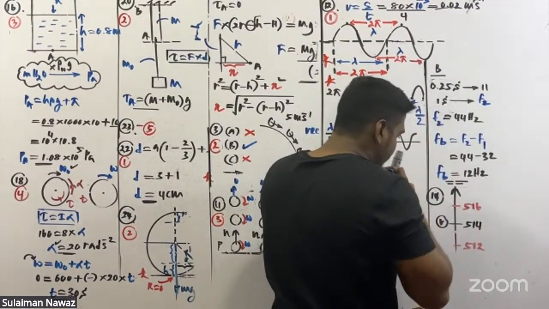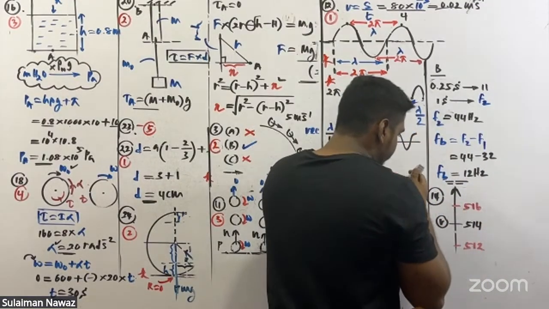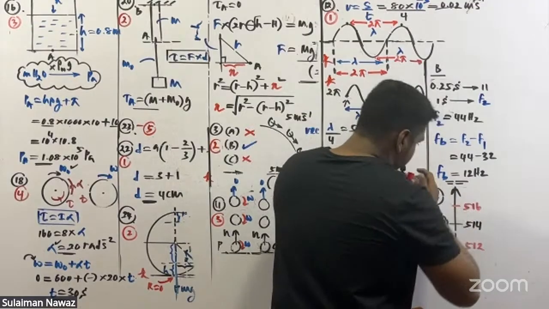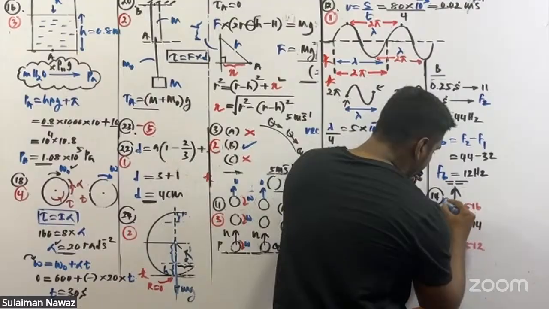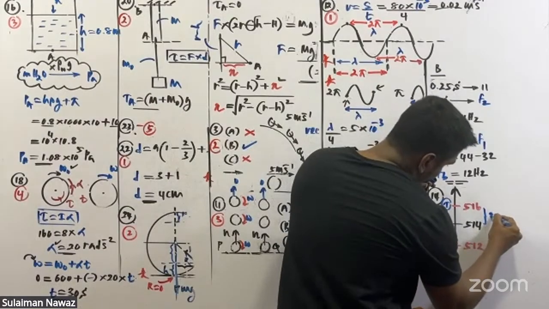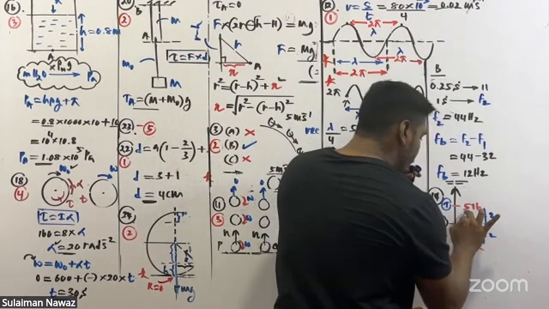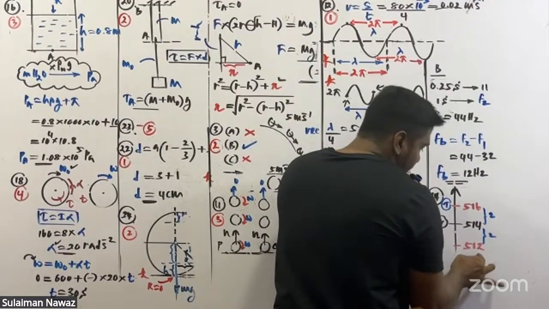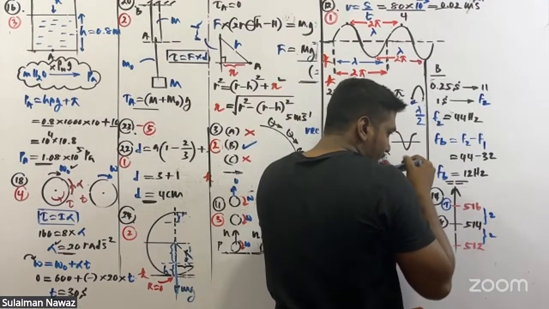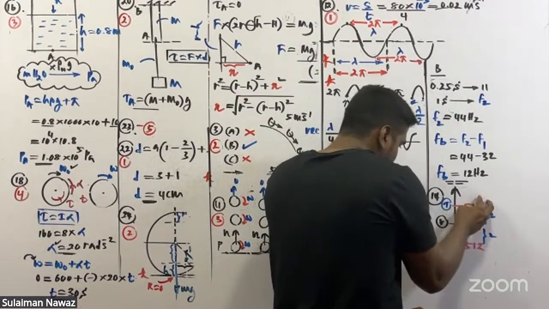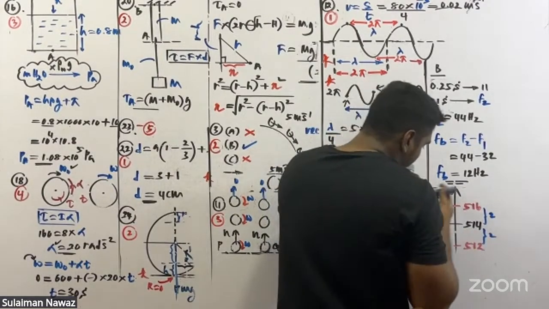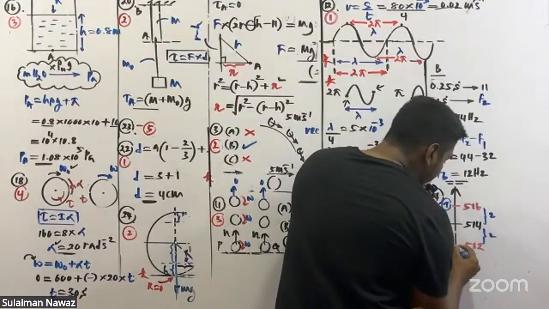Why have they given beat frequency 2? Still we don't know whether it's 516 or 512. That's what we are going to decide. We can't confirm it yet.